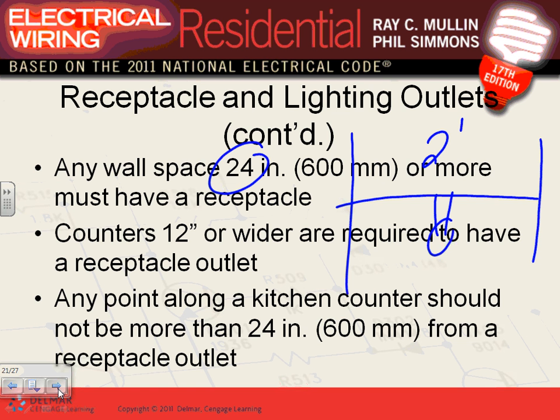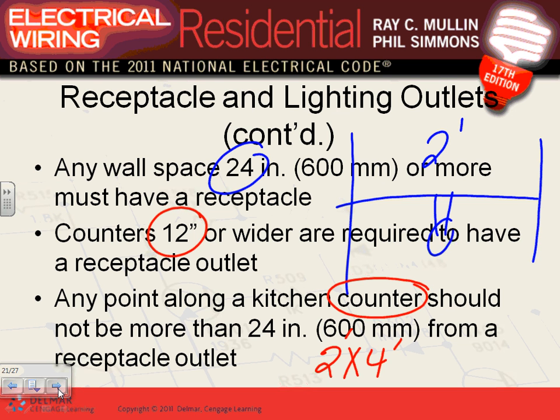Okay, now moving into the kitchen, this is just walls. Moving into the kitchen countertop, guys, any space of 1 foot or more, you need a receptacle. Again, I can't emphasize enough, we're talking about countertop here. The rule for countertop is 2 by 4. Very easy to remember.